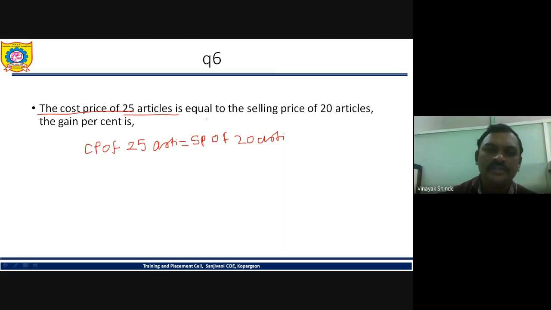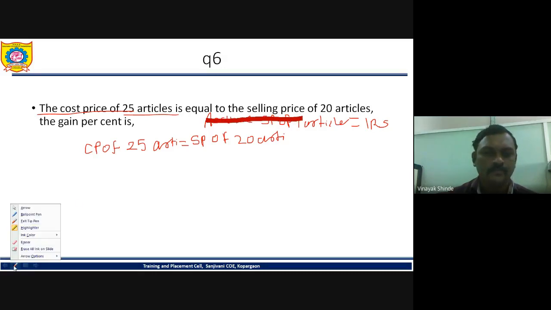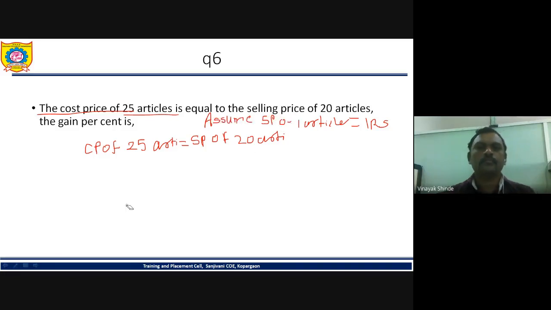So for calculations, let us assume the selling price of one article is 1 rupee.